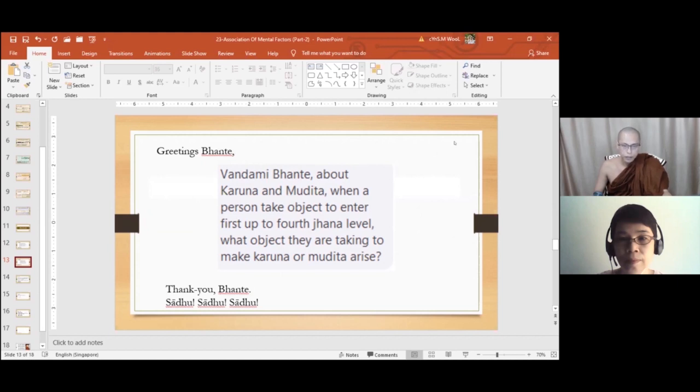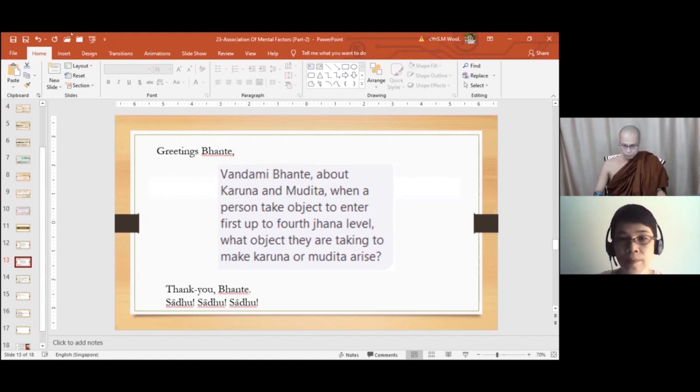Here, the meditator who practices meditation on beings in suffering has karuna, the compassion meditation with jhana, and taking the object of beings in pleasing, that is the practice of meditation on mudita. Jhana is also the same way.